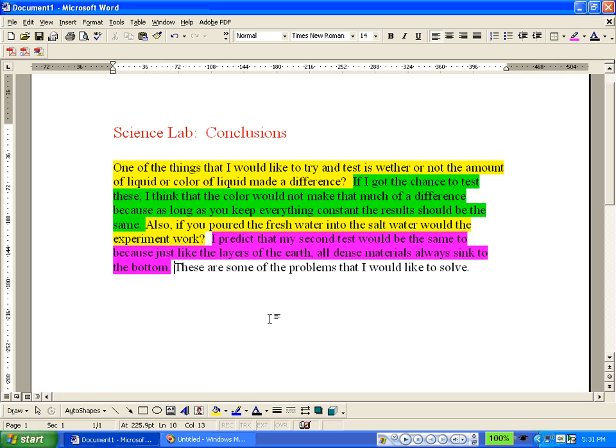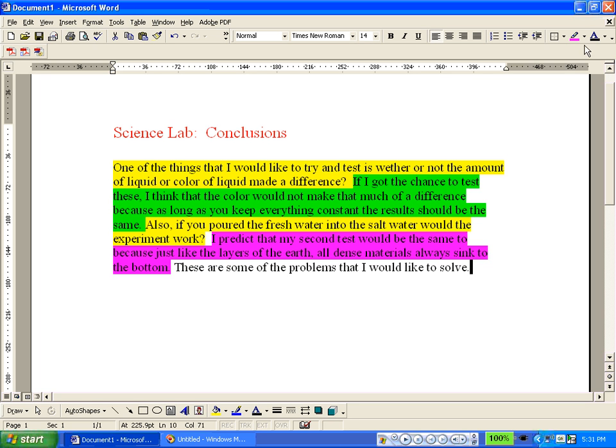I think that sounds better, because the prediction follows the question. In the second sentence, it now says, also, if you poured the fresh water into the salt water, would the experiment work? I predict that my second test would be the same too, because just like the layers of the earth, all dense materials always sink to the bottom. To me, again, that just sounds better because the prediction follows the question.